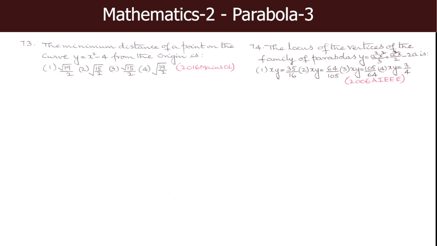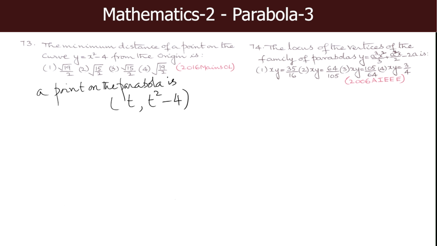Well, a point on the parabola is x equal to t, y equal to t square minus 4 in terms of parametric coordinates.